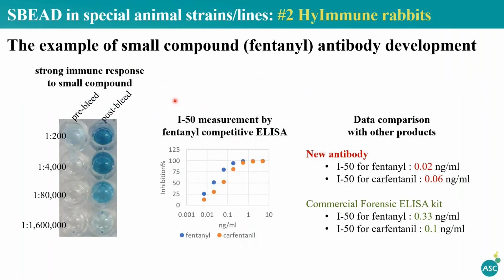For example, by using the HiImmune rabbit and the SBEAD method, we were able to develop antibodies against many antigens that were typically difficult to generate antibodies for, including antigens of small molecule compounds.